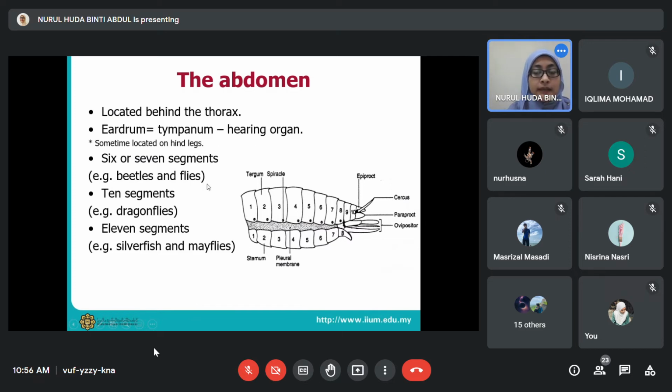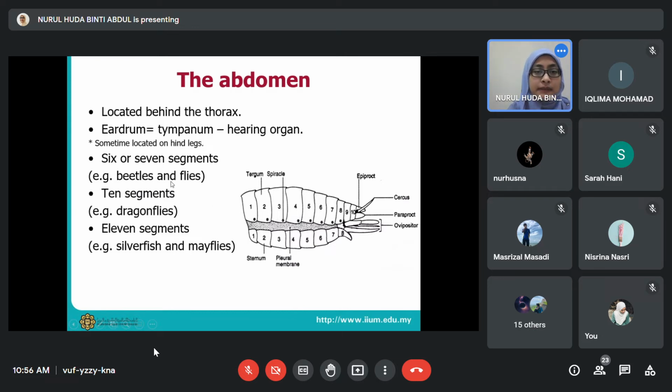Okay, and you can see here also, in the abdomen there are different segments. Okay, and the number of different segments ni 1, 2 sampai ada yang 10, more than 10 pun ada, 11, less than 10 pun ada. So it shows different groups of insects.